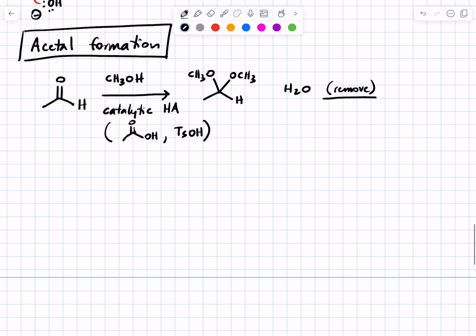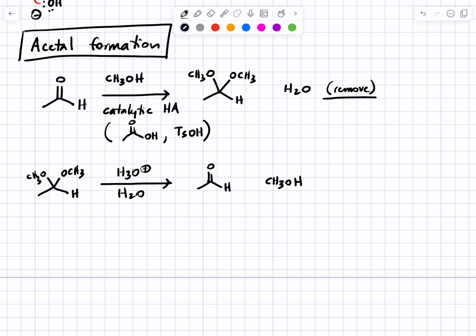And we will see that if you start with the acetal, you can go backwards by simply using an aqueous acid, where you have a large excess of water, and that's going to release your aldehyde or your ketone, and it's going to release the alcohol.